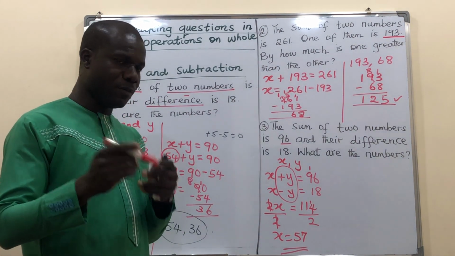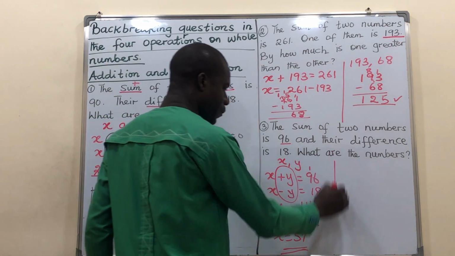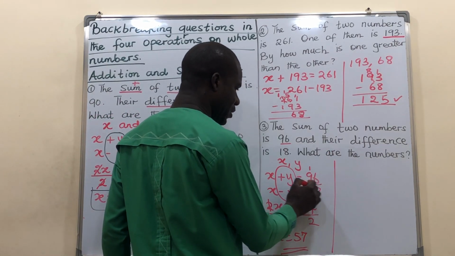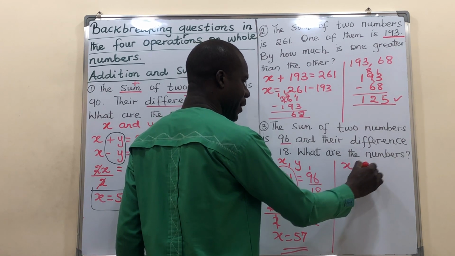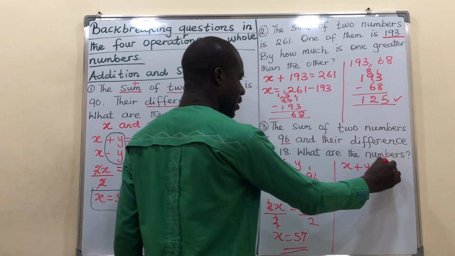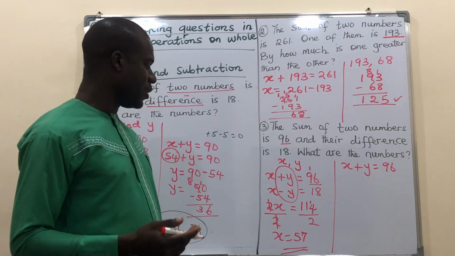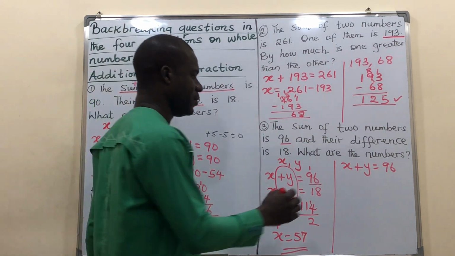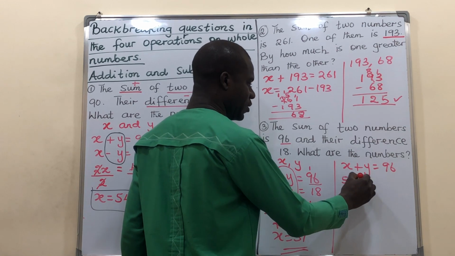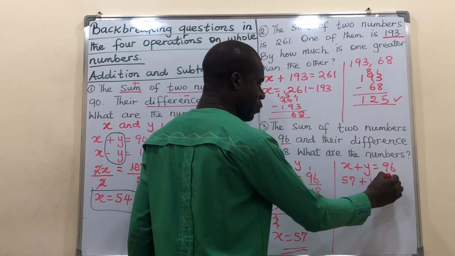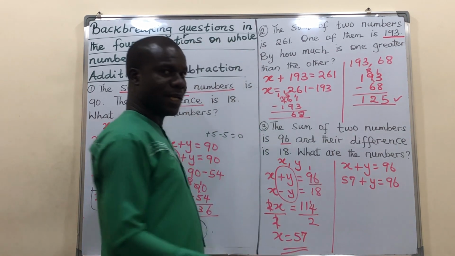I've gotten one of the numbers. Alright? So look at this equation, the sum of the two numbers, x plus y, equals 96. Now I know that one of the numbers, which is x, is 57. So 57 plus y, the second number, equals 96. Collect like terms.